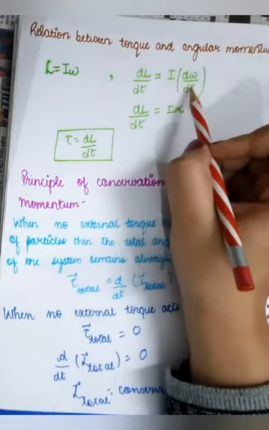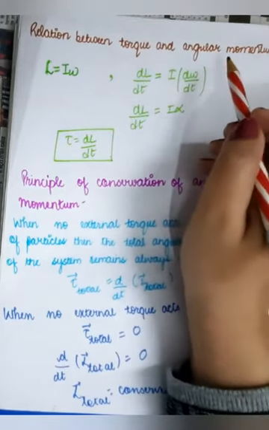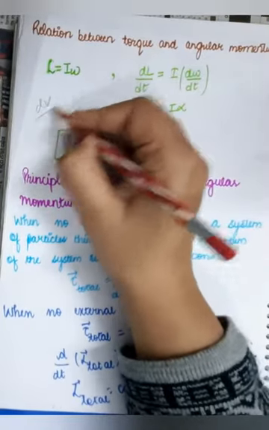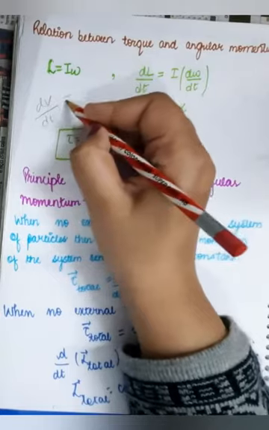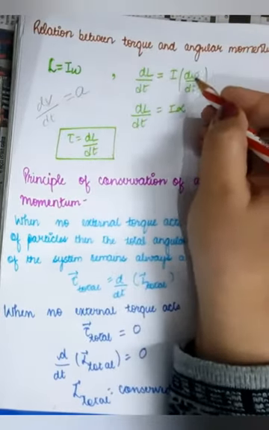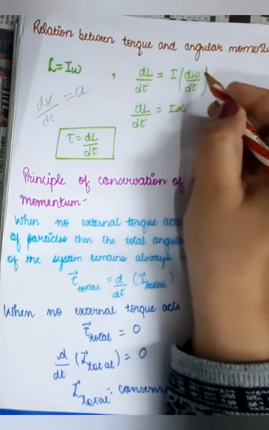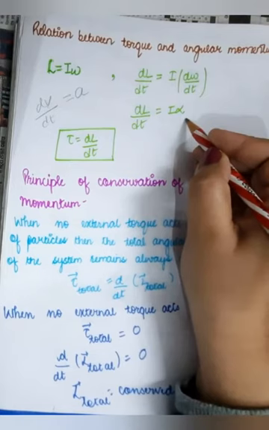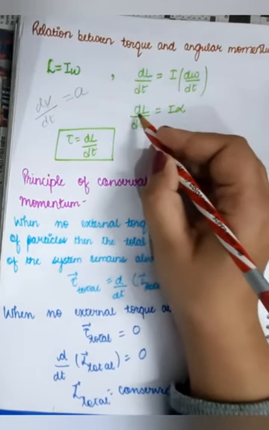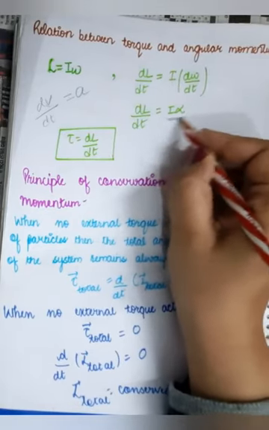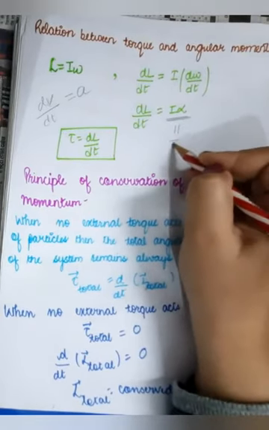When we take the derivative of linear velocity, we get linear acceleration. In the same way, if we take the derivative of angular velocity omega, we get angular acceleration called alpha. So dL by dt is equal to I alpha.